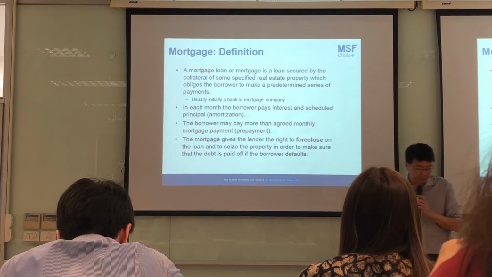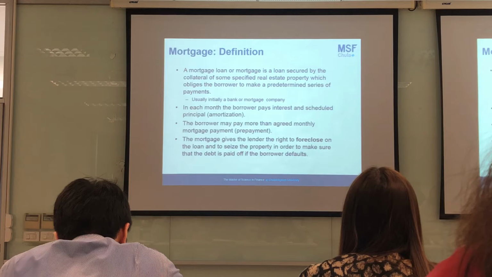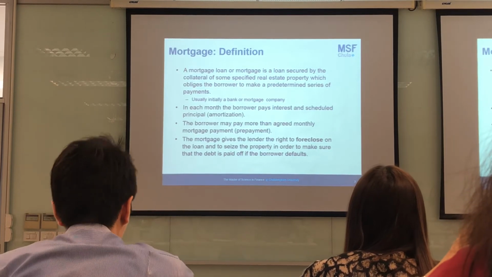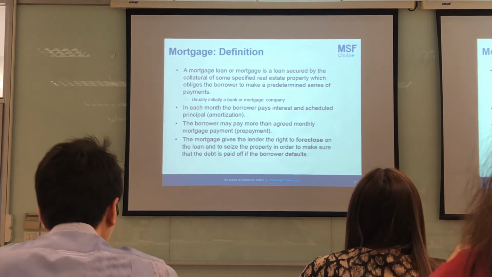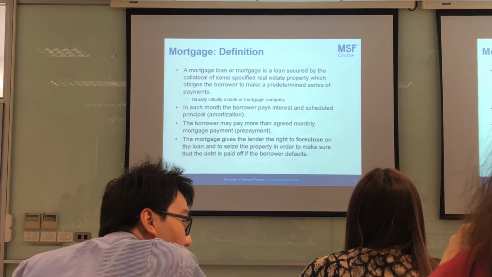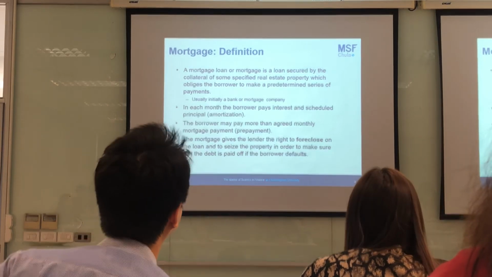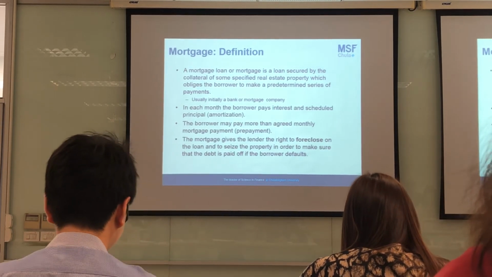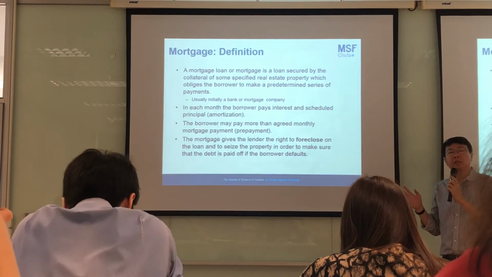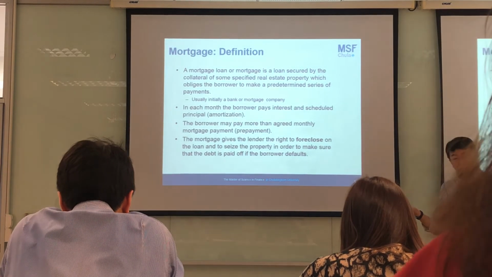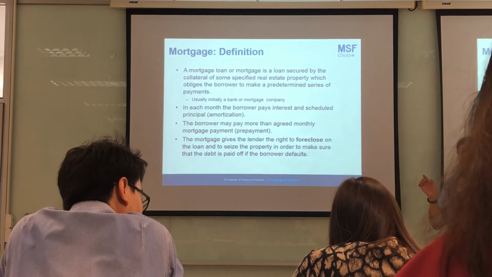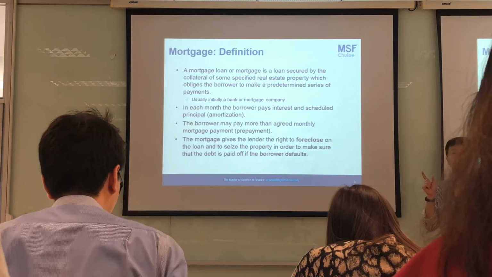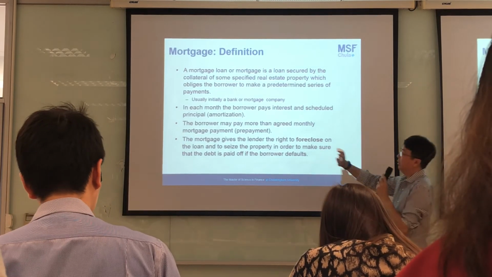This mortgage loan, as mentioned, is the loan provided by a financial institution for anyone who would like to borrow money by using an illiquid asset, normally a house or building, as collateral, right? And then every month, the borrower pays back the loan to the lender, the bank. This payment is normally the same every month. We call it an annuity, remember?